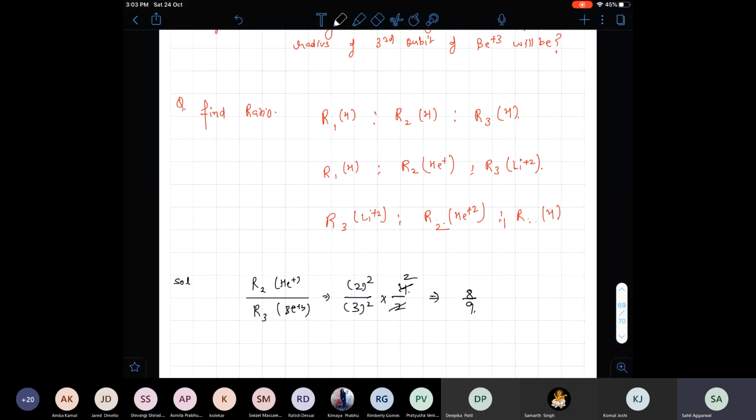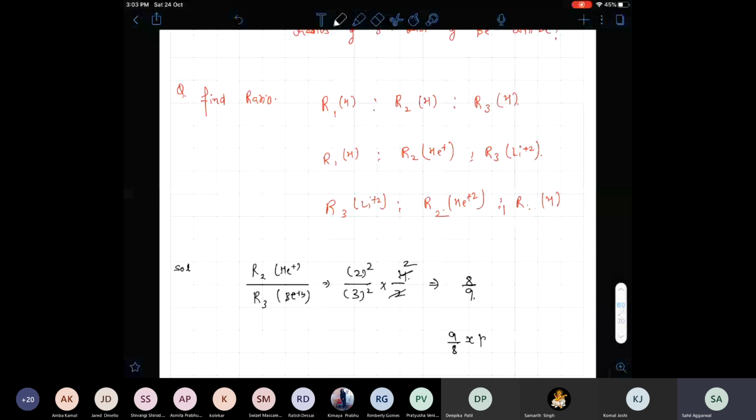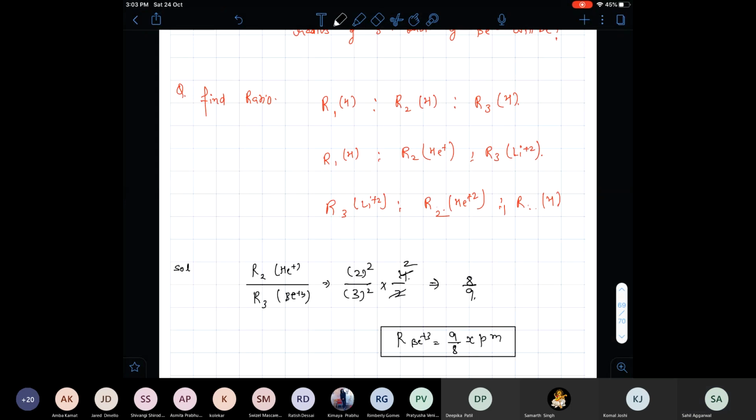So 9 by 8 times x picometer is equals to the radius of beryllium ion. Pooja, Pratyusha, you gave 16 is to 9. It was 8 is to 9, or 9 is to 8.